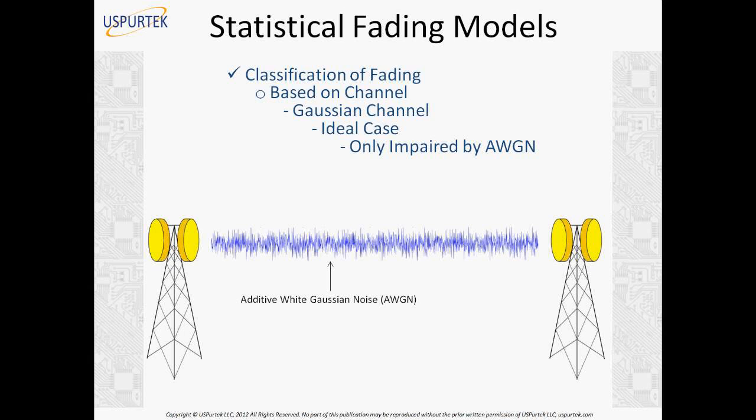If you recall from part 1, because of the temperature, anything above 0 degrees K absolute temperature will generate noise. That is this additive white Gaussian noise. So even if you have no fading, no reflection, no refraction, no diffraction, still you have this additive white Gaussian noise, and that represents the ideal channel or a Gaussian channel.